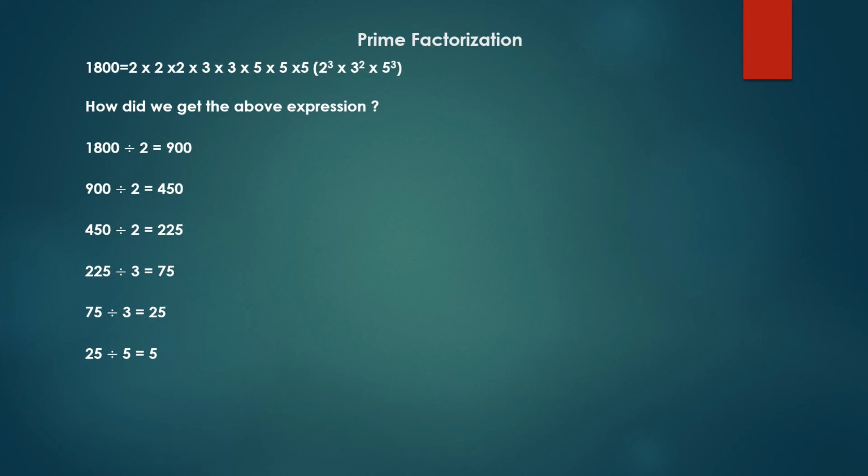Finally, I divide 5 by 5 and I get 1. Thus, 1800 has 3 prime numbers of 2, 2 prime numbers of 3 and 2 prime numbers of 5. 1800 can be prime factorized into 2 multiplied by 2 3 times, into 3 multiplied by 3 into 5 multiplied by 5, or 2 raised to 3 into 3 raised to 2 into 5 raised to 2.